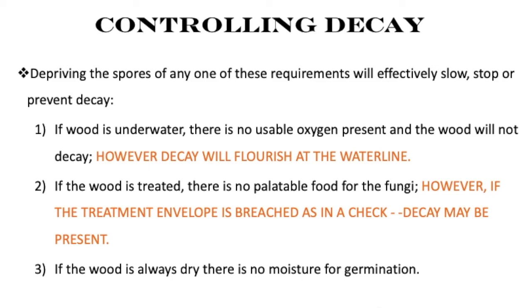If you were to use wood where it's going to be in contact with water, it is better to submerge it in water as opposed to having half of it in water and half not in water, because at the water line is where it's going to suffer. If you submerge it, there's no oxygen, but at the watermark there will be oxygen, and that's where the microbes and insects will live, and the wood will decay there.